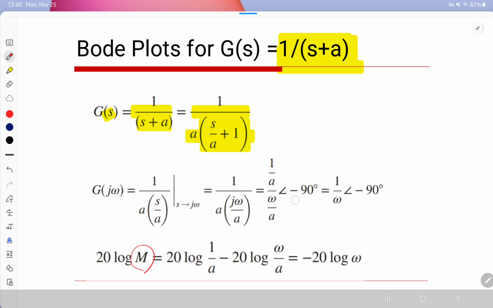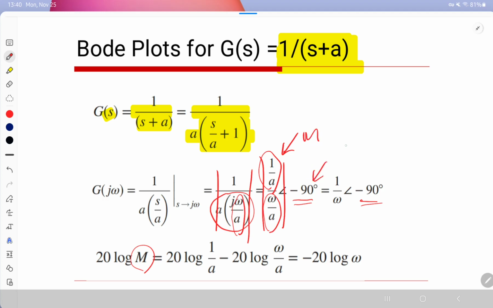Phase is pretty much now at minus 90, but your magnitude, this is what you're doing with the calculation right here, and it is multiplied by 1 over A. These are the absolute value of it because that portion is your M and this portion is your phi.